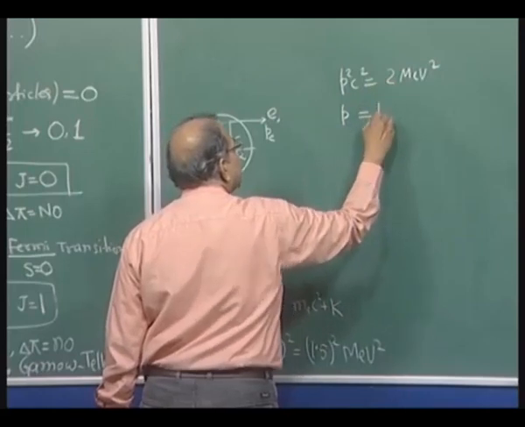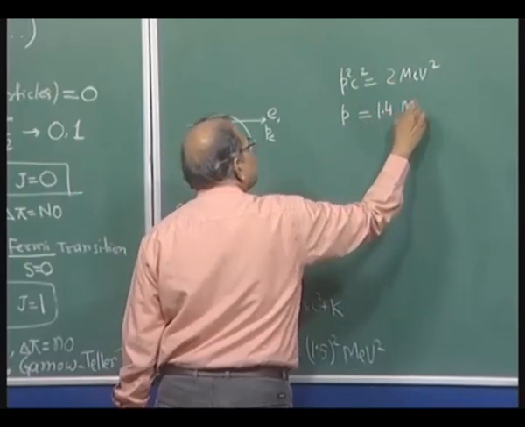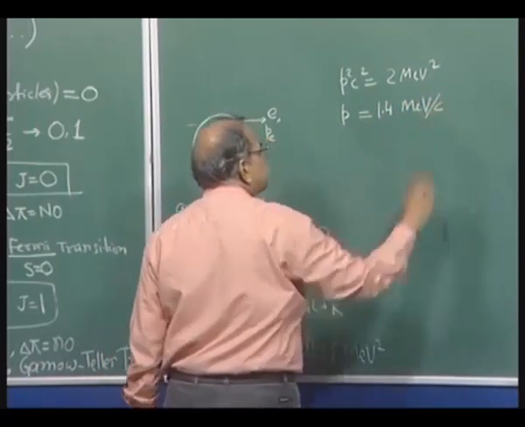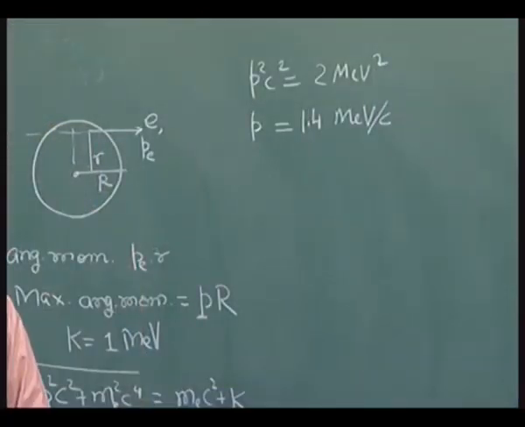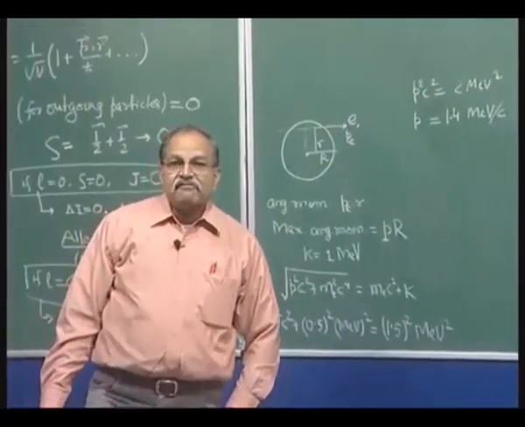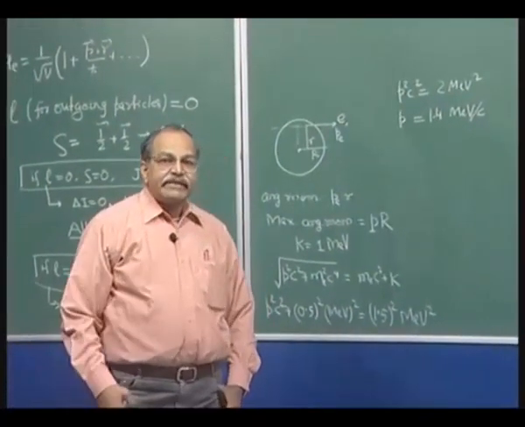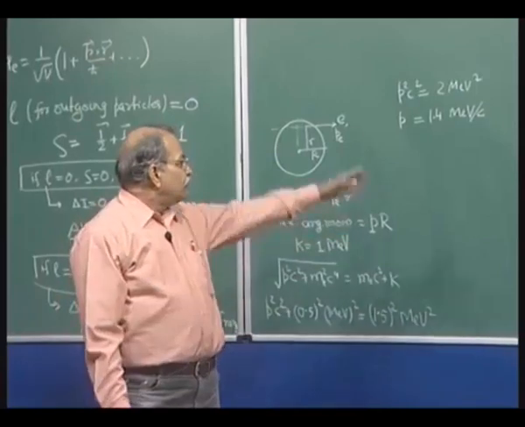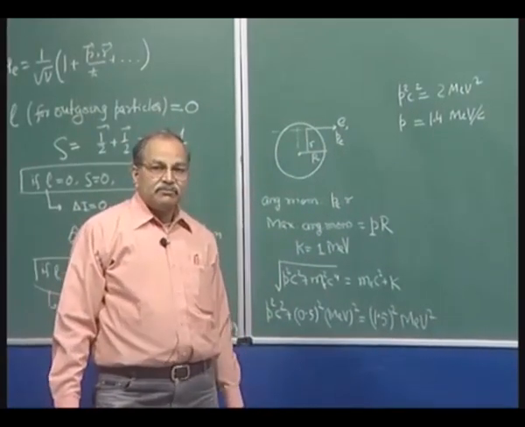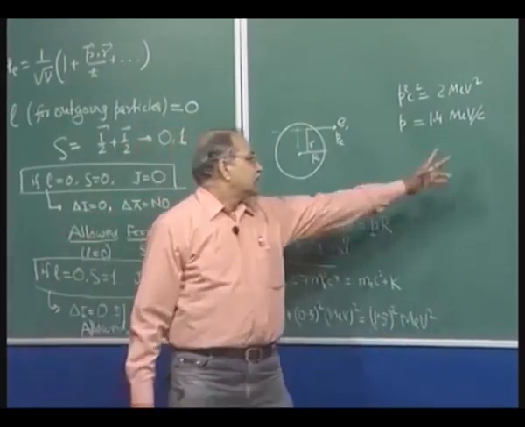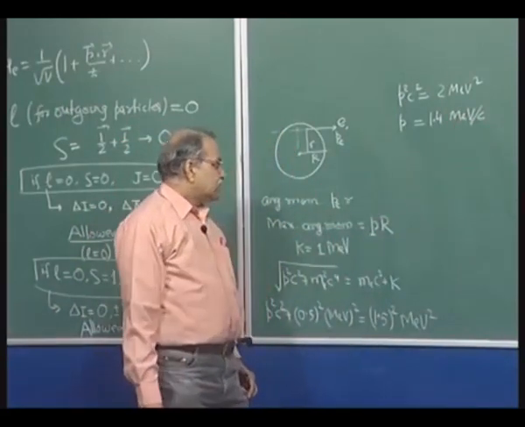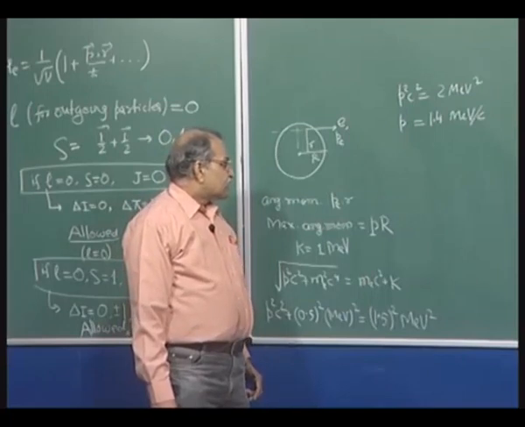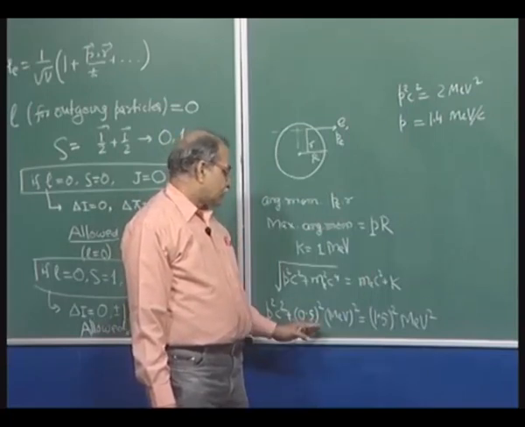So, square root of that is about 1.4 MeV by C. Okay. So, the magnitude of linear momentum of this electron with kinetic energy 1 MeV will be 1.4 MeV by C. This is momentum unit MeV by C, often used in nuclear physics or high energy physics.